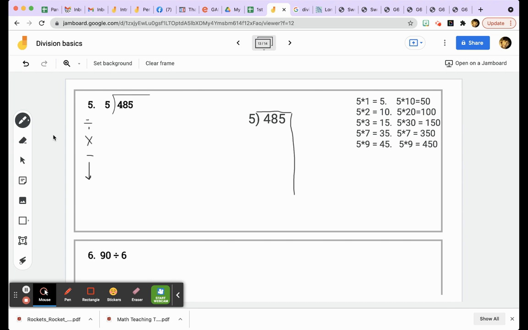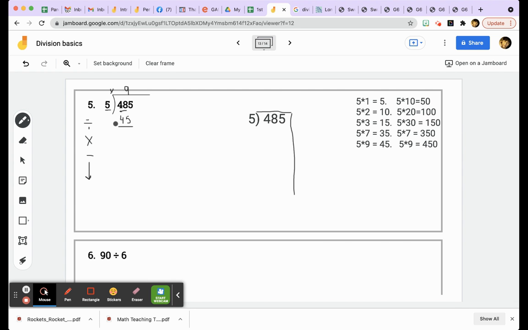Okay, so let's take a look at the standard algorithm first. And I have 5 in my divisor. So I'm going to look at the first number in my dividend, and I realize 5 is not going to go into 4. 5 will go into 48. And the closest I can get is 5 times 9. 5 times 9 is 45. So I divided, and then I multiplied back.